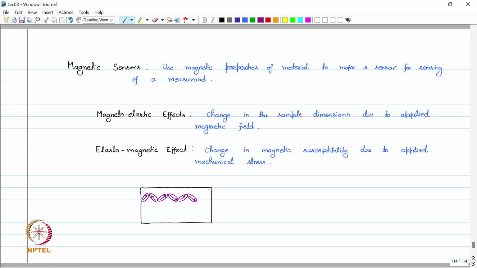But if we apply a magnetic field and all these dipoles within this material align to that magnetic field, then they look something like this. This is the first dipole, this is the second dipole.